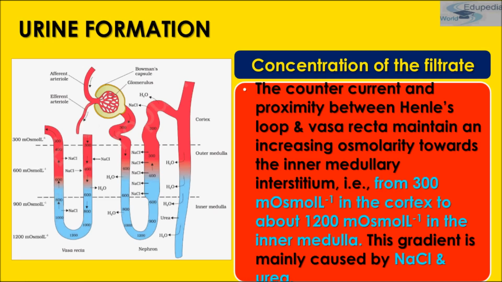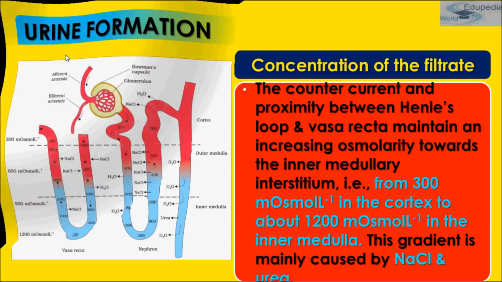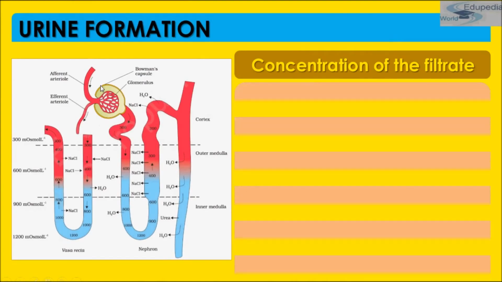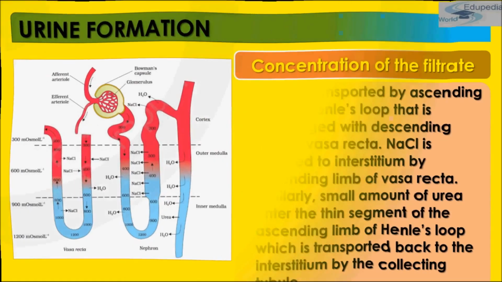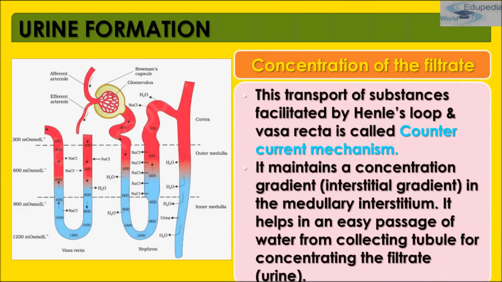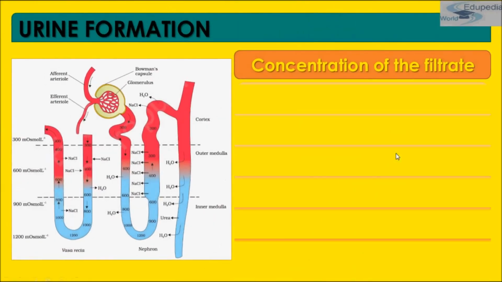This is how the counter current system is responsible for the concentration, that is the hypertonicity, of urine when it passes through the common collecting tubule. This is the same counter current mechanism and how it is facilitated.